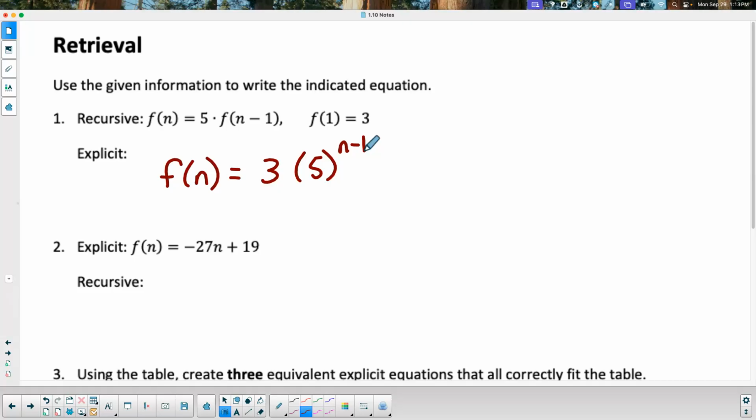If we don't agree with negative 27 being the first term, what is the first term then? Negative 8. How'd you get that? Because if you put 1 in for n, we get negative 8. Yep. Okay. So, what else do we know?